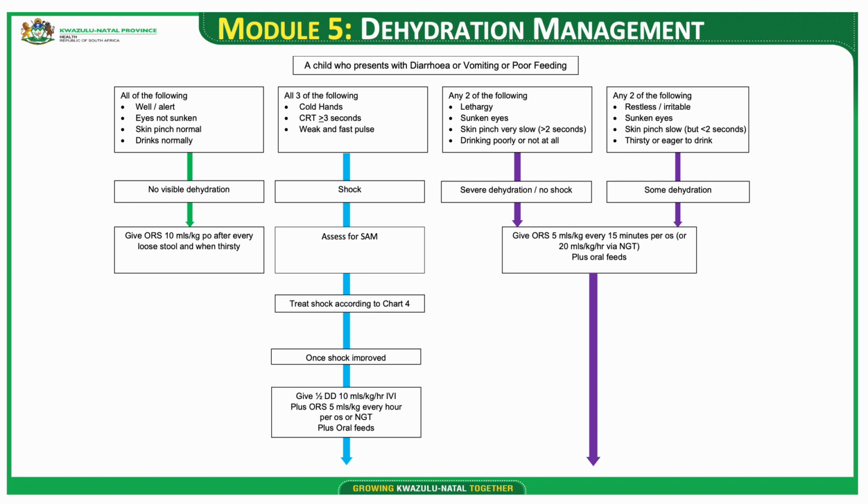So we would give them oral rehydration solution, 5 ml per kilogram every 15 minutes via the mouth, or if they were not able to take it orally, then we would do it via an NG tube, and we would give 5 ml every 15 minutes, which is the same as 20 ml per kg every hour. If they were able to take feeds, we would give them feeds as well.